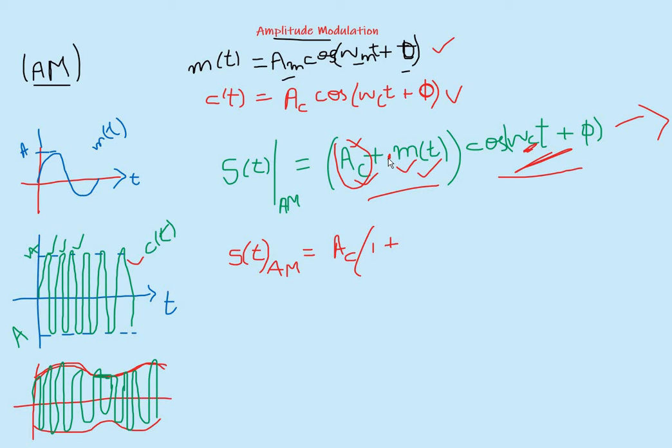We don't have an Ac over here, but since we are taking Ac outside, we'll write here 1 by Ac to neutralize this equation: 1 by Ac into m of t, into cos(omega c t plus phi).